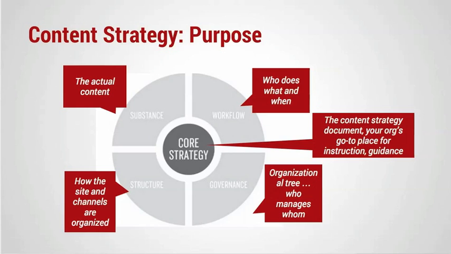It's the go-to place for instruction on what the strategy should be and what it does. It's a place to go for guidance if you have questions about whether the structure meets the objectives, or the substance meets the objectives. So anyone working on substance or structure, if they have questions about whether this really accomplishes the goal, they check the core strategy in the content strategy document to see if it does.